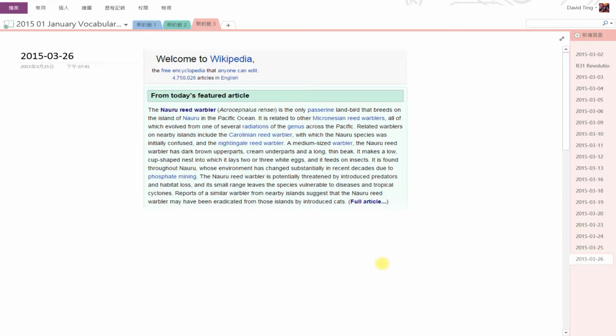Okay, let's go for the second vocabulary of the day, warbler. Definition of warbler in English. Noun. Any of a number of small insectivorous songbirds that typically have a warbling sound.